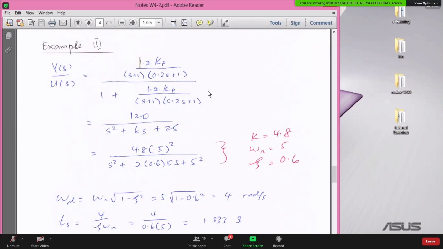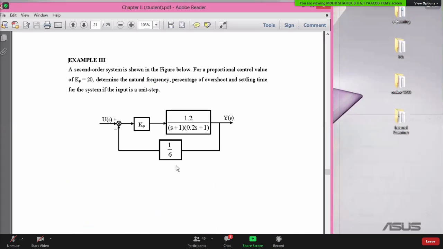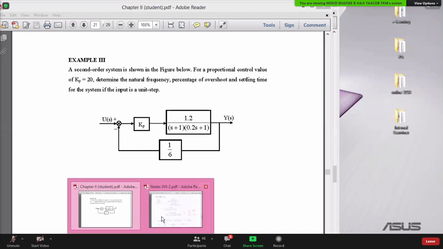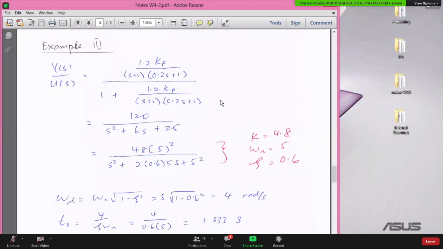You need to multiply by 1 over 6 here. See, H is equal to 1 over 6. Okay, there is a missing 1 over 6 here. But this is correct.